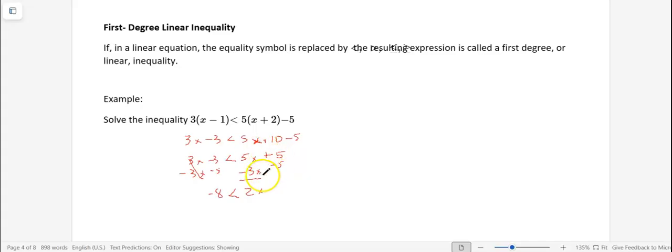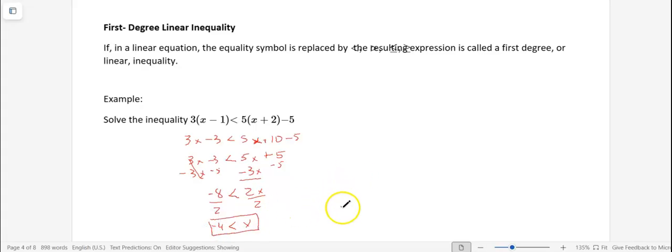Now, if I were to go the other way, I would subtract 5x and end up with a negative 2x, and then I would have to divide by a negative 2, and it would switch my inequality anyway. So now I'm just going to divide by a positive 2, so I don't need to switch my inequality, and x is greater than negative 4.